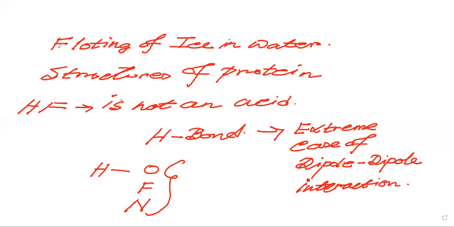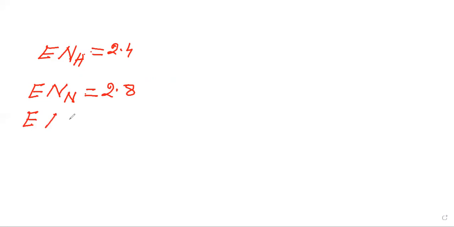We all know that the electronegativity of hydrogen on the Pauling scale is nearly 2.4. That of nitrogen is nearly 2.8. That of oxygen is approximately 4, or slightly less than 4, and that of fluorine is exactly 4.